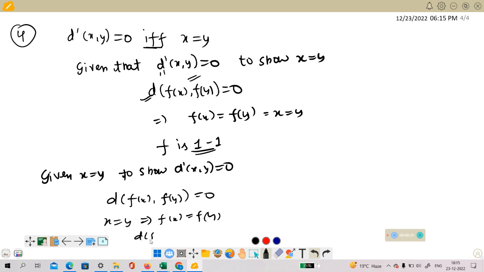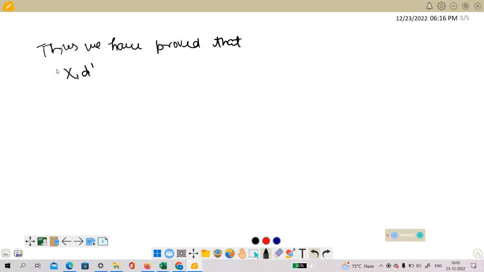Hence d(f(x), f(y)) is equal to 0, which implies d'(x, y) is equal to 0. Hence proved. Thus we have proved that (X, d') is a metric space.